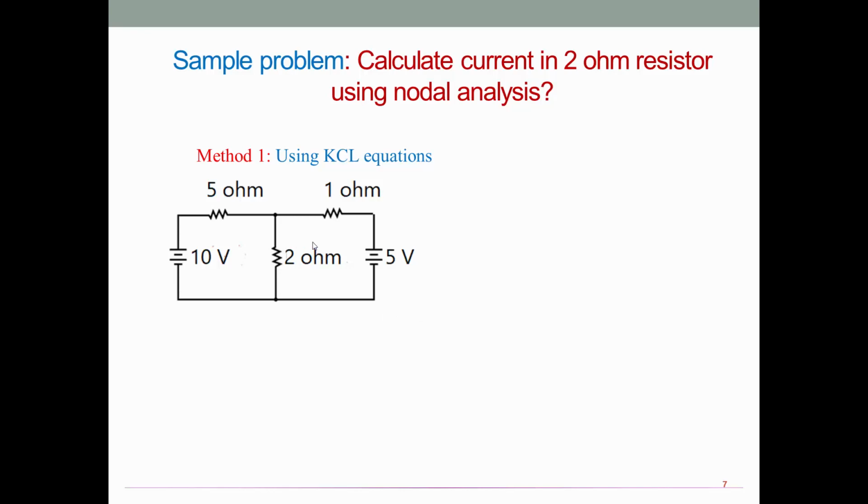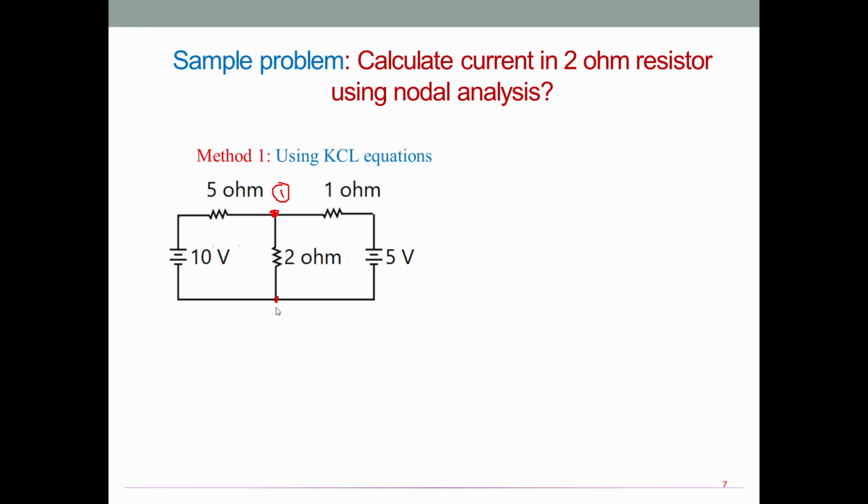Step number 1, identify principal node. I can't select this point as a principal node since only 2 branches are meeting here. I can say this is one of the principal nodes. I'll mark it as 1. This is also not a principal node since only 2 branches are meeting here.